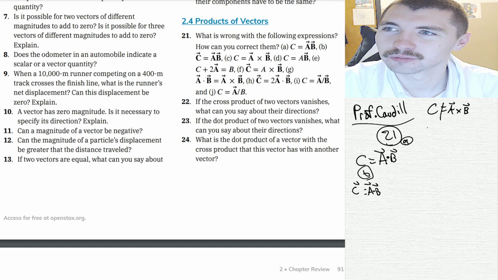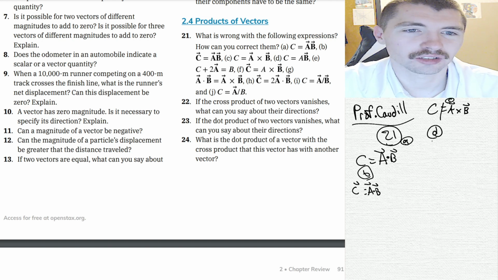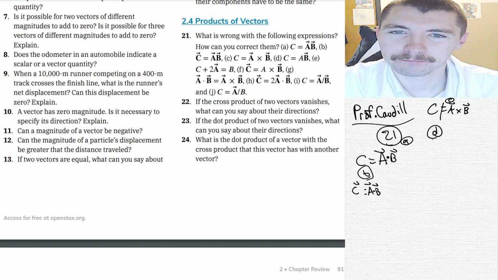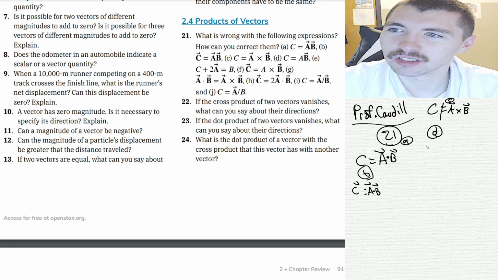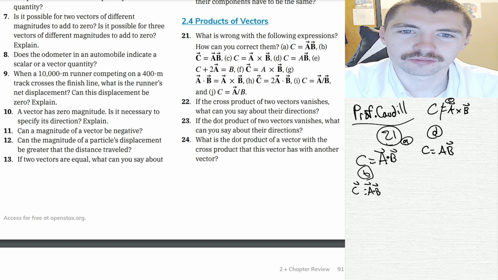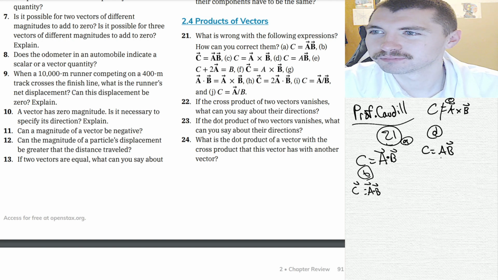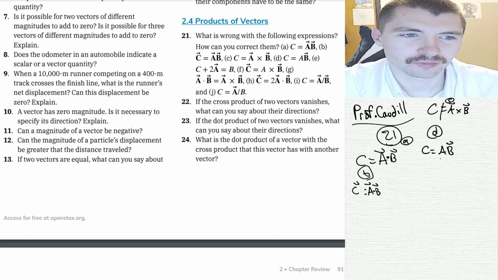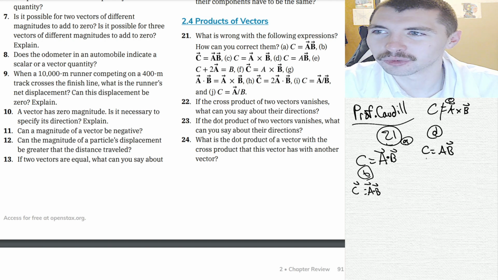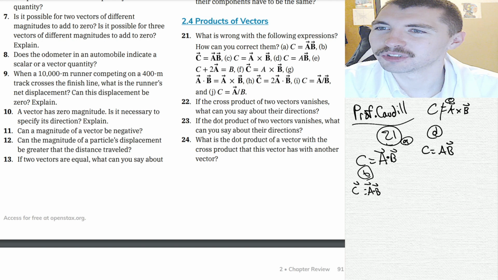Okay. Let's see. So D, C equals A, B. What's wrong with this expression? Again, they're pretty vague on what C and A are.